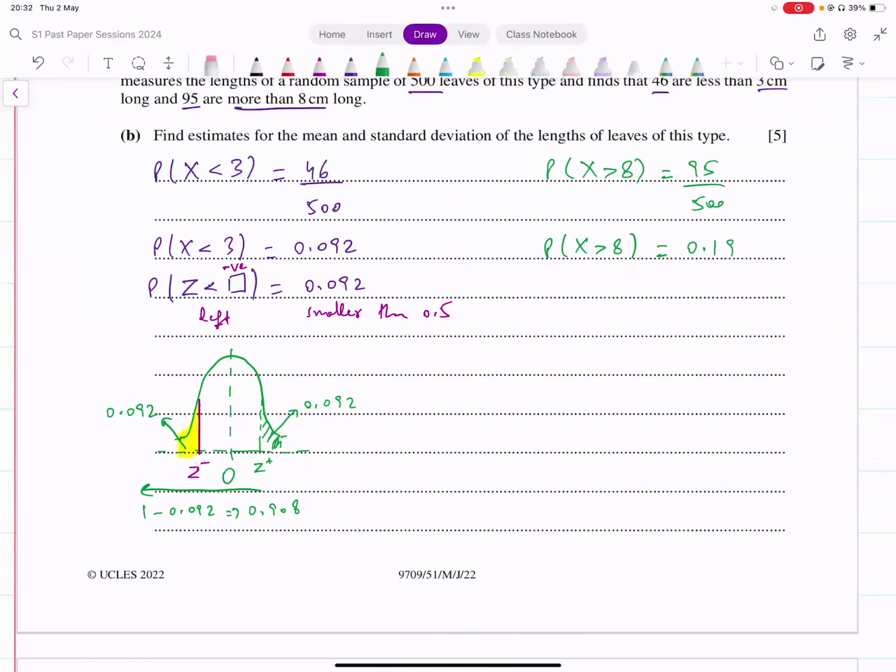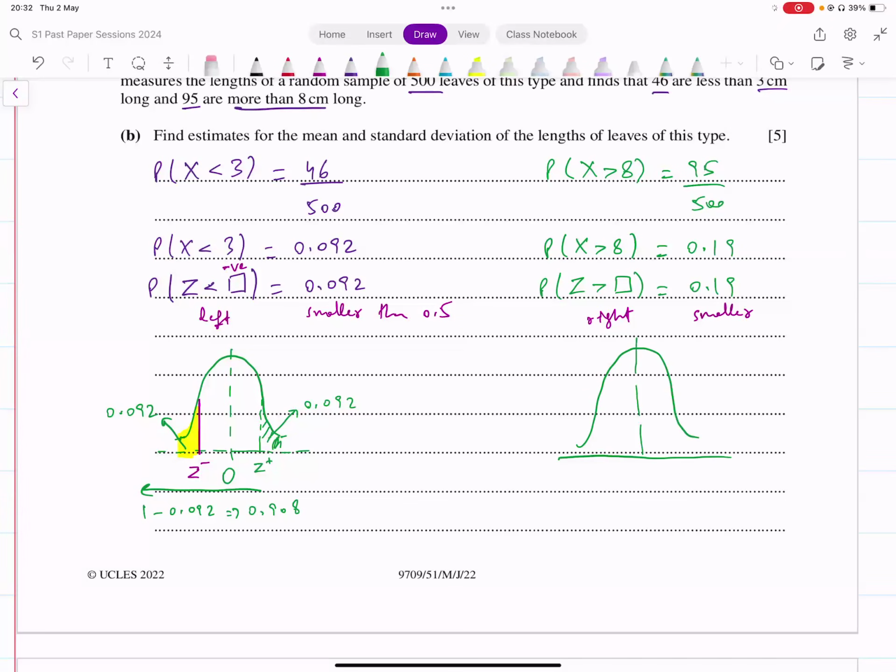How do we do that? We say probability of z greater than something is equal to 0.19. And again, we think of the area to the left or right. In this case, we're looking at the right side because of this greater than sign. The area to the right should be smaller now. If the area to the right is smaller, where is z going to be placed now?